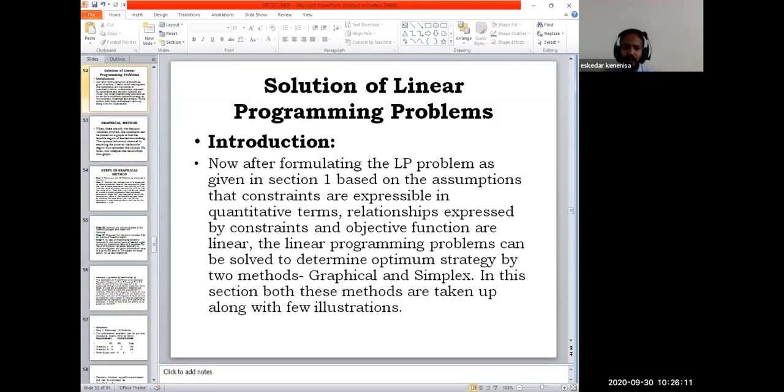Now, after formulating the LP problem as given in section 1, based on the assumption that constraints are expressed in quantitative terms and that the constraints and objective function are linear, LP problems can be solved to determine optimum strategies. There are two methods: graphic and simplex.